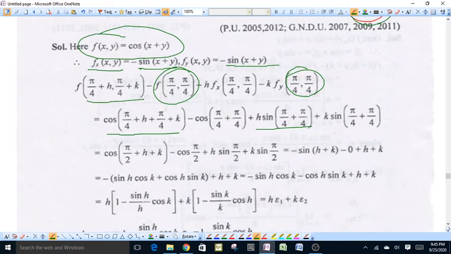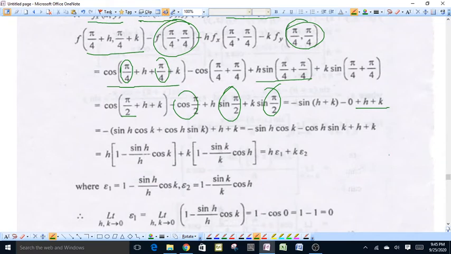This will be equal to cos(π/2 + h + k) - cos(π/2) + h sin(π/2) + k sin(π/2), because cos(π/2) is equal to 0 and sin(π/2) is equal to 1. This will be equal to -sin(h + k) - 0 + h + k.